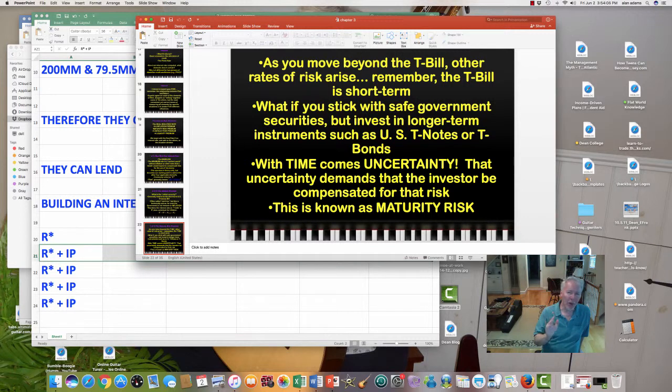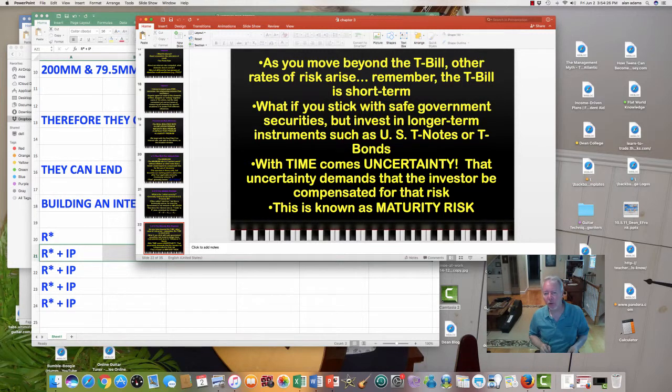That makes them not quite as safe as a T-bill. Why? Because the longer the time horizon, the less certain you are. And with uncertainty comes more risk, ladies and gentlemen, okay? So when you take on a little more risk for the operation of time, you want to be paid for that if you are a T-bill or a T-bond investor.